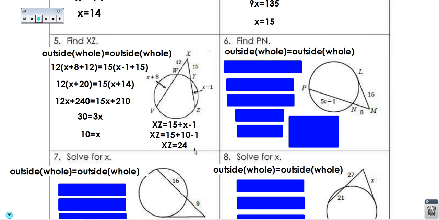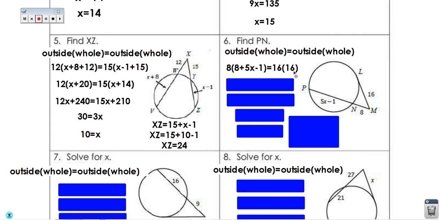Now in number 6, we're going to do the same process: outside times whole equals outside times whole. This one is slightly different than number 5 because in PM we have 8 and 5x minus 1, meaning we have an out and an in, but in LM we do not have that. So we're going to have to use 16 twice.